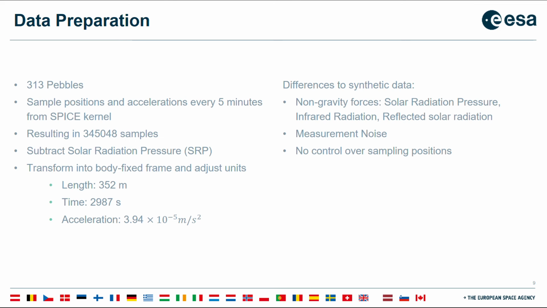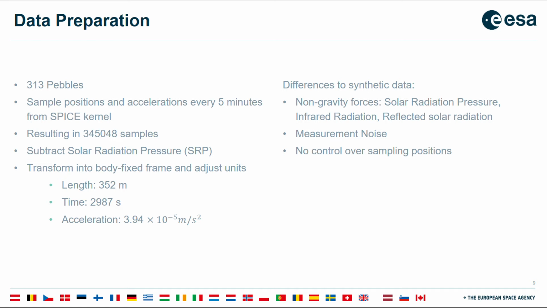In preparing this dataset, we took the 313 pebbles that were modeled by GeodesyNETs. There are probably many more which orbit Bennu, but which were not tracked in sufficient detail that a trajectory could be recovered from them.